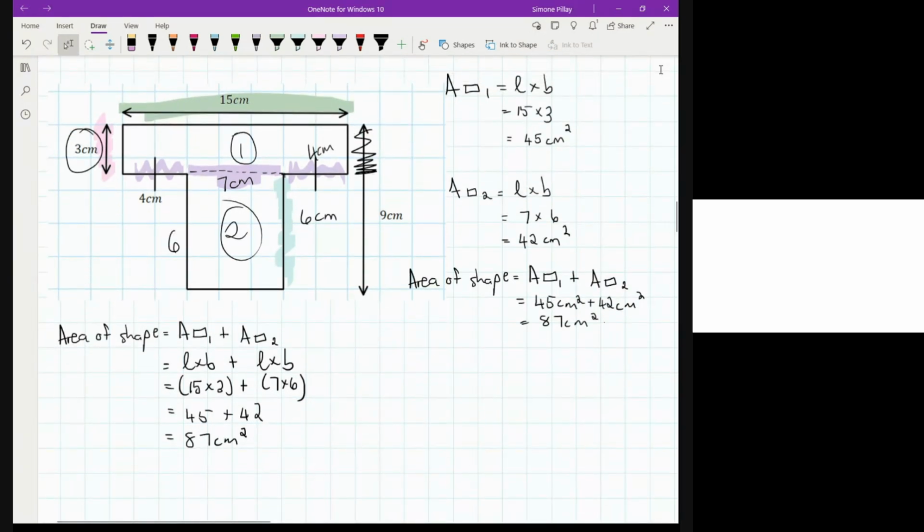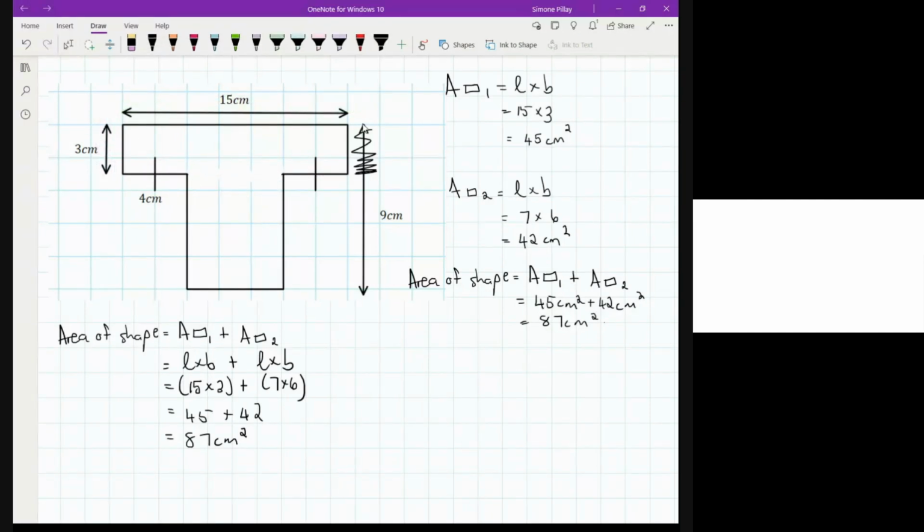So that is that. I do want to show you guys something else we could have done. Now I'm going to show you a different method completely. What we did was we broke this up into shapes. Sometimes you can say, well, this previously was a big rectangle over here.